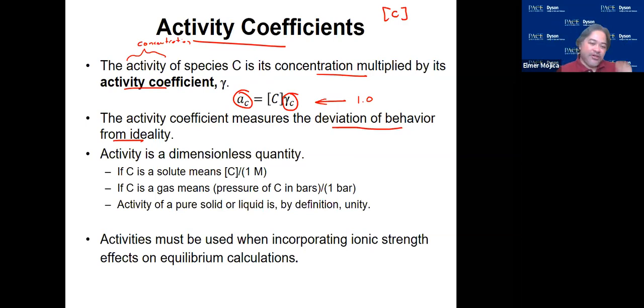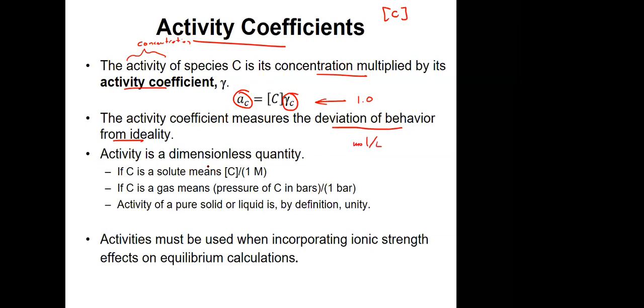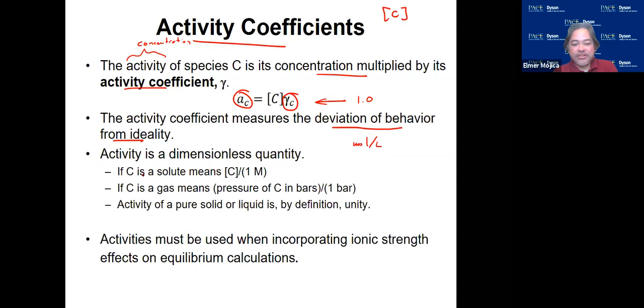But if you look at the activity, that's another way of looking at the concentration. Activity is a dimensionless quantity. Remember, concentration is usually what? Moles per liter, right? So if the concentration is absolute, it means C over the standard molar concentration. If the concentration of a gas means pressure in bars, activity of a pure solid or liquid is by definition unity.